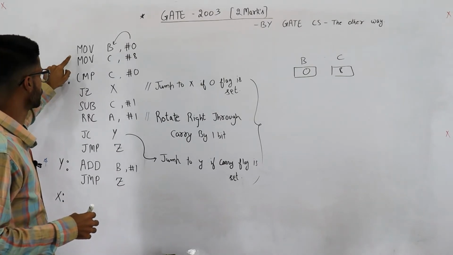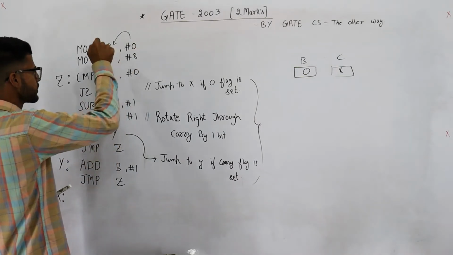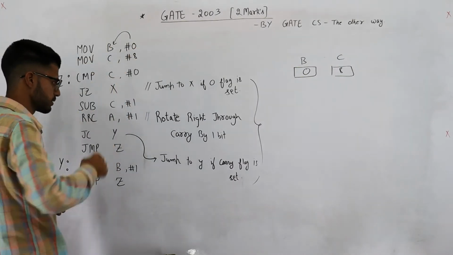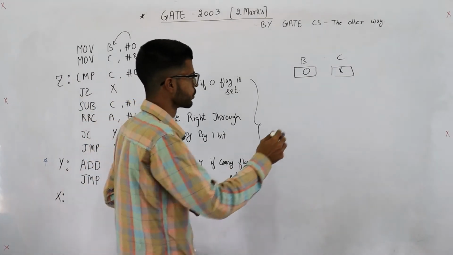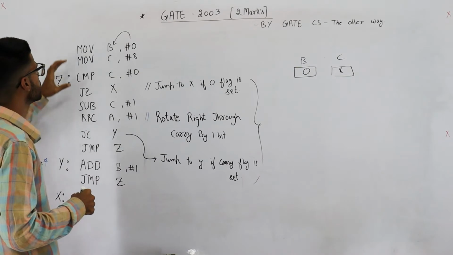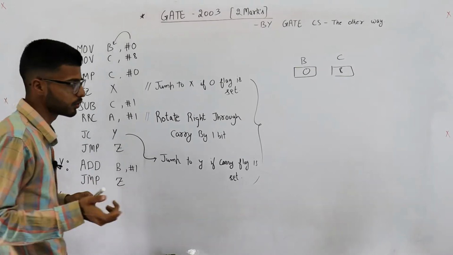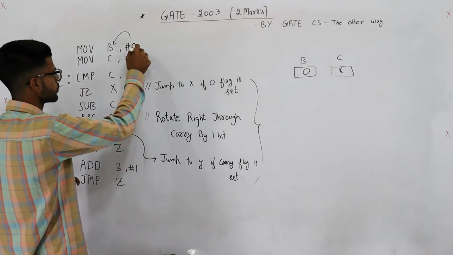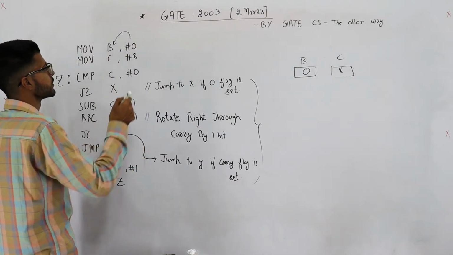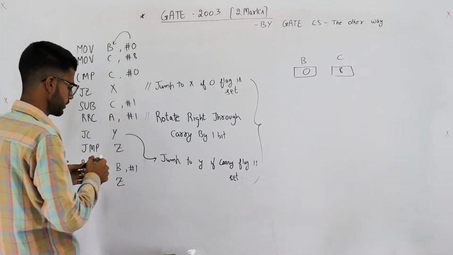MOV B, 0 and MOV C, 8 mean move 0 into the register B, move 8 into the register C. So these 2 instructions are initializing the registers. And you obviously know that this one is the source, this one is the destination, so data travels from this side to this side.